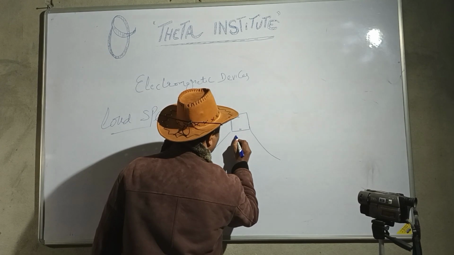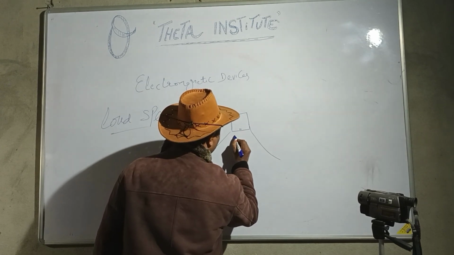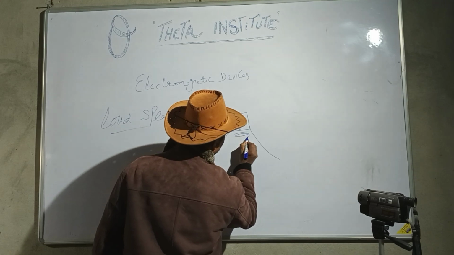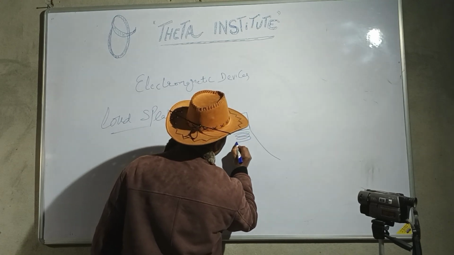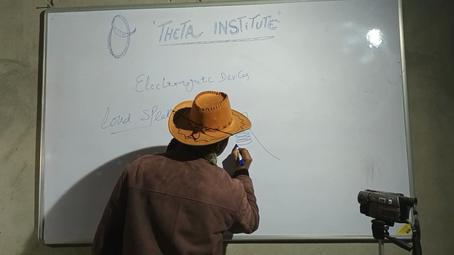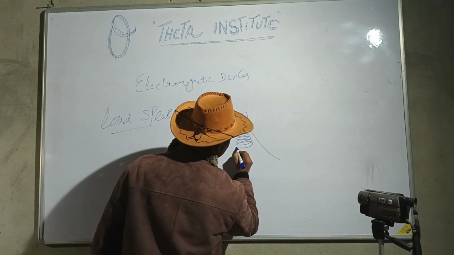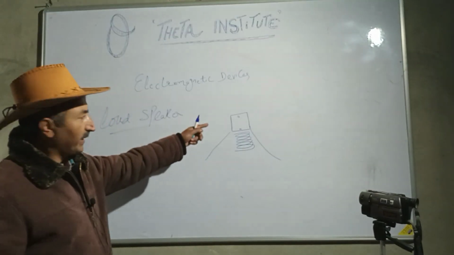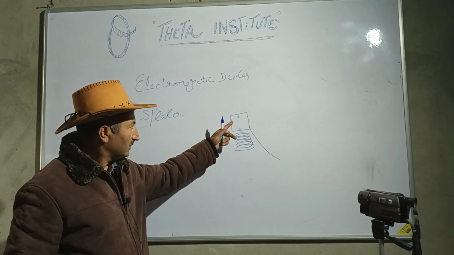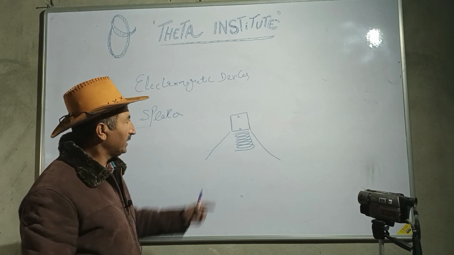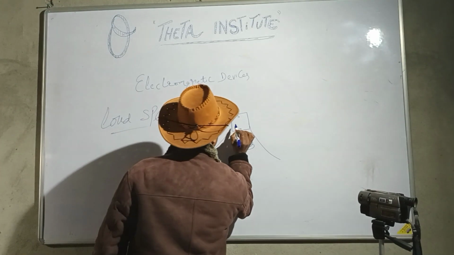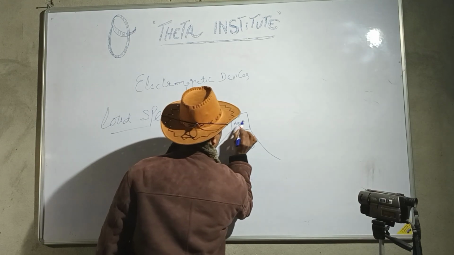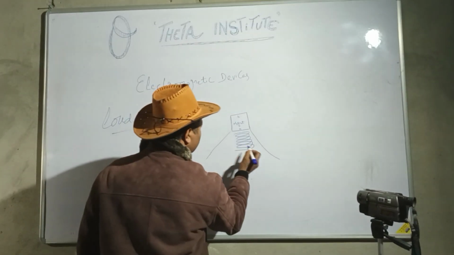Underneath this is a coil. So in a speaker there is a piece of magnet, and this is the coil.